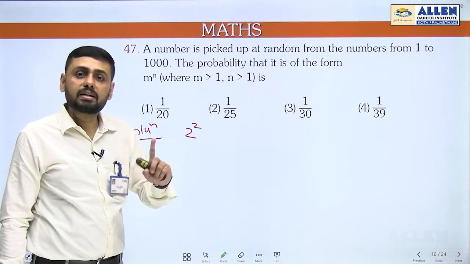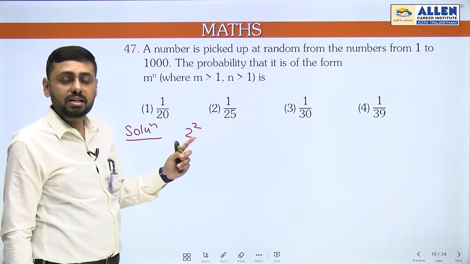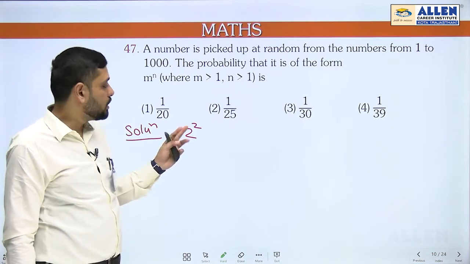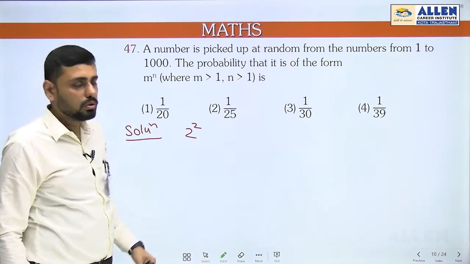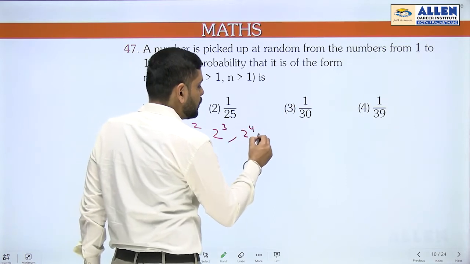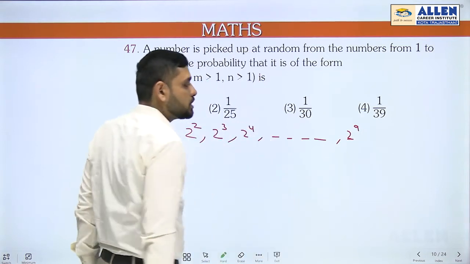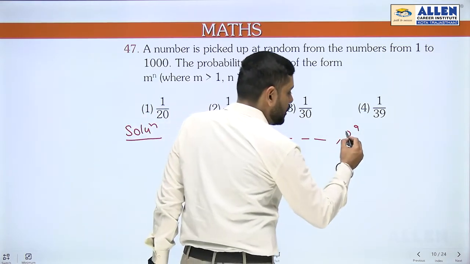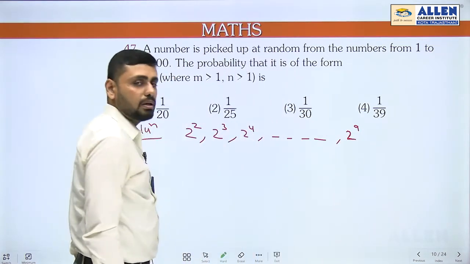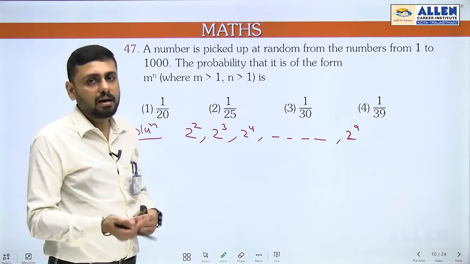We need m and n greater than 1, so 2 and 2 are the minimum values. We cannot take 2 to the power 1 or 1 to the power 2. So 2 to the power 2, 2 to the power 3, 2 to the power 4 we can take, up to 2 to the power 9, because 2 to the power 9 is 512, and 2 to the power 10 is 1024, which is greater than 1000. So we cannot take 2 to the power 10.